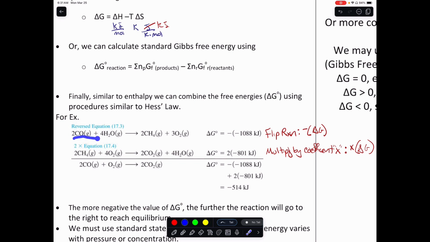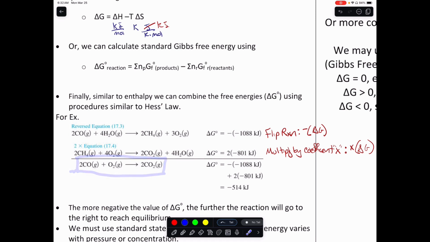If we examine the example that's given here, we can see that the first reaction has been reversed, and so a negative symbol has been put in front. The second reaction has been multiplied by a 2, and so a 2 has been multiplied by the delta G value. This must be the overall reaction, and the way that we would know that is we would be told.